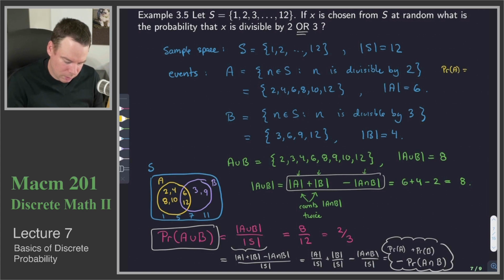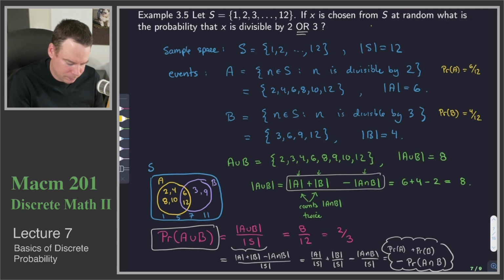And what this tells us is that if we wanted to know the probability of A, we know that's going to be 6 over 12. What's the probability of event B, that the number is divisible by 3? That is 4 over 12. What's the probability of the intersection? That's one we haven't worked out, but we can.